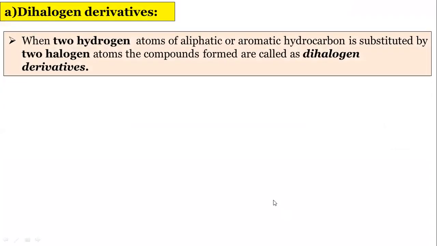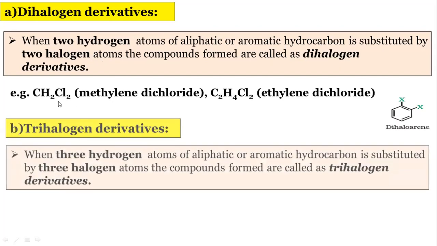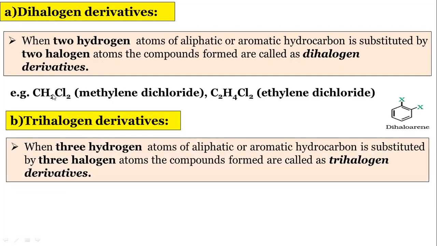Now, we will discuss in detail what is meant by dihalogen derivatives. Di means two hydrogens are replaced with two halogens. When two hydrogen atoms of aliphatic or aromatic hydrocarbons are substituted by two halogens, it is called dihalogen derivatives. See, the examples are given here. In case of CH4, two hydrogens are replaced with two chlorines.